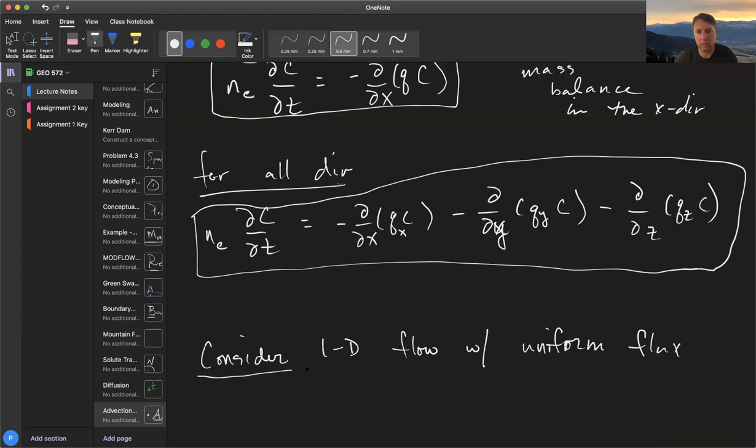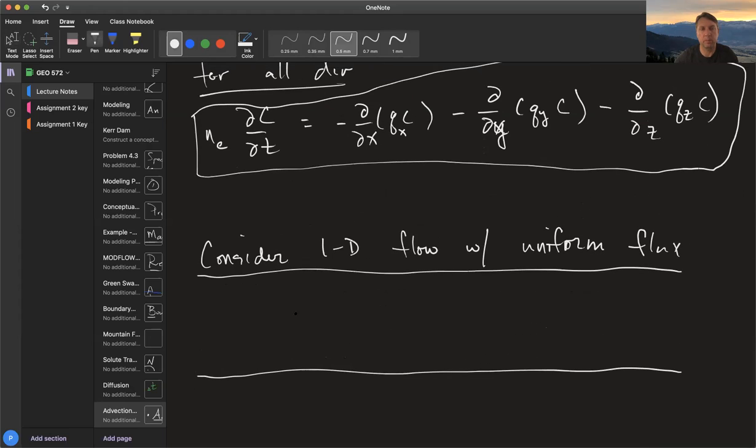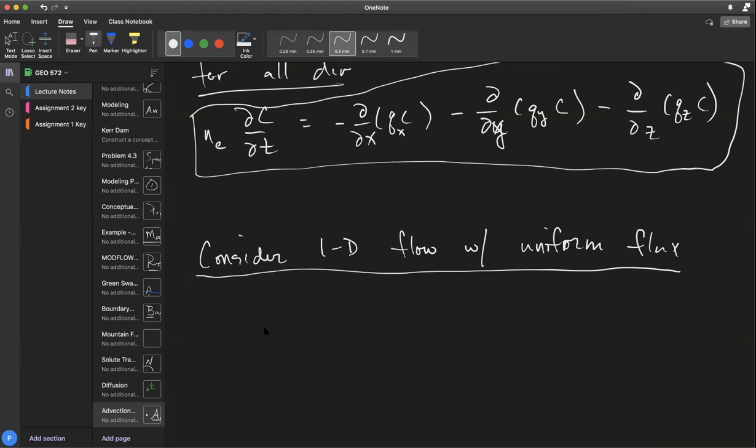What that means is that we've got a flow field where groundwater flow is moving in a single direction at a constant flux q sub x. So it's constant, right?